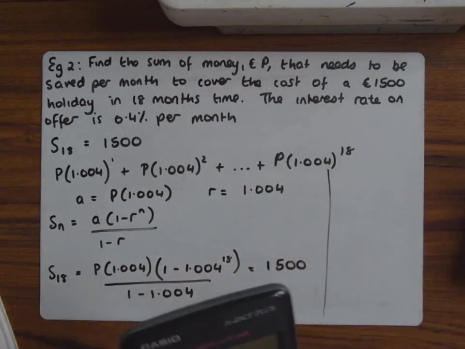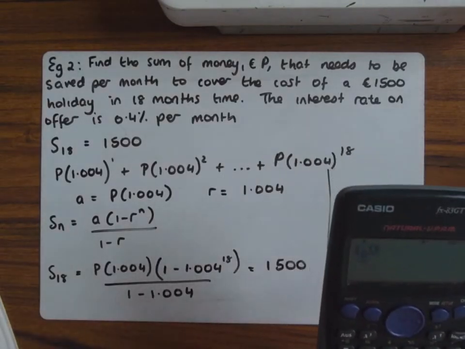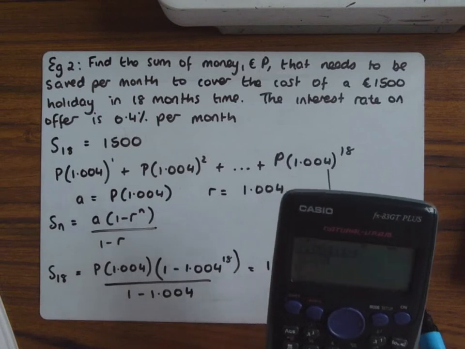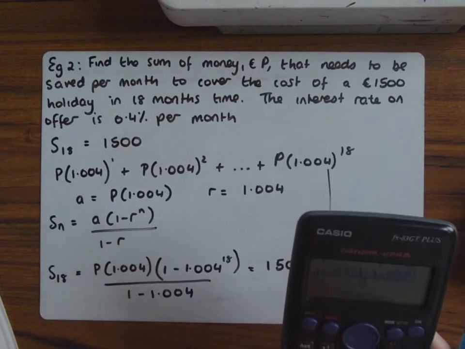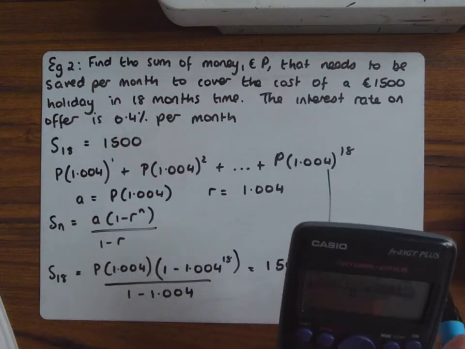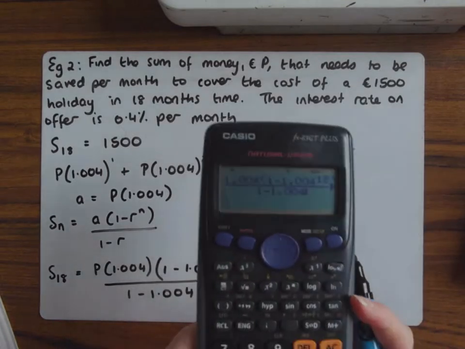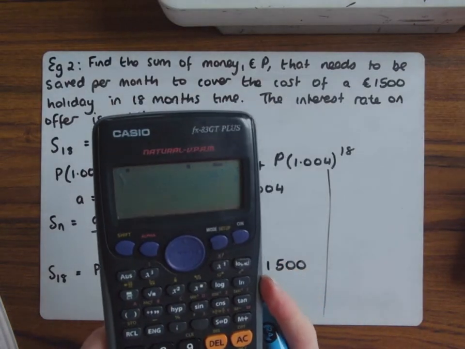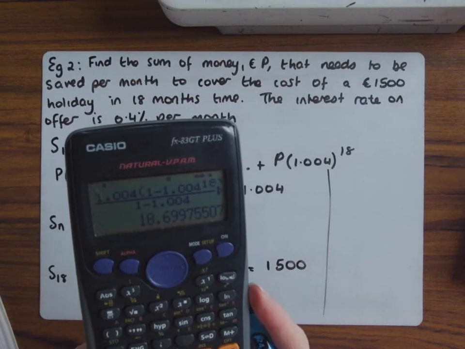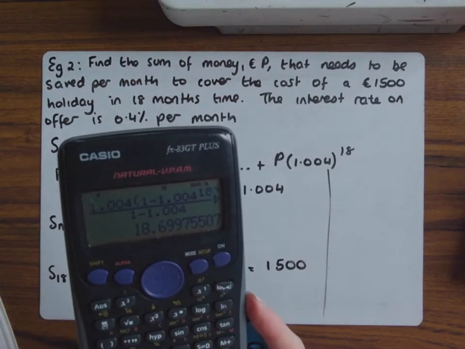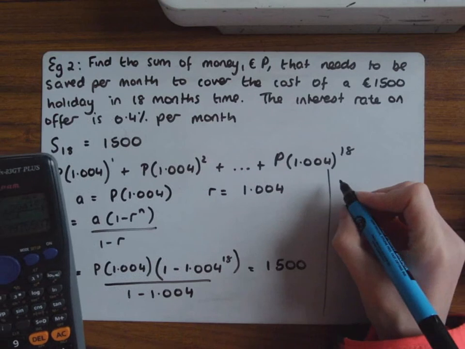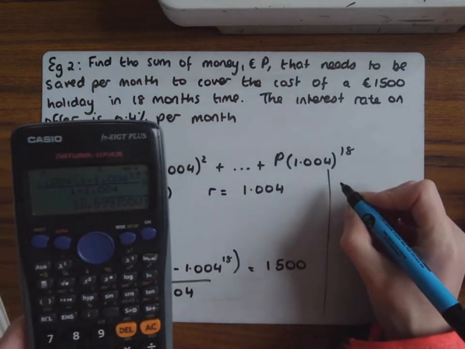Okay, so in my calculator I have 1.004. Okay, so just throwing it into the calculator then, I get 18.699.